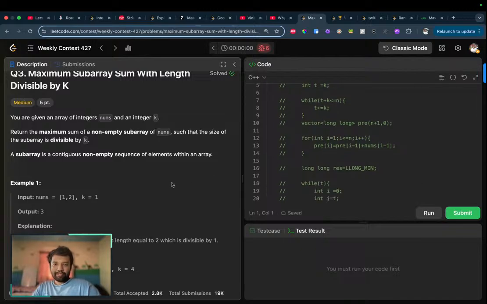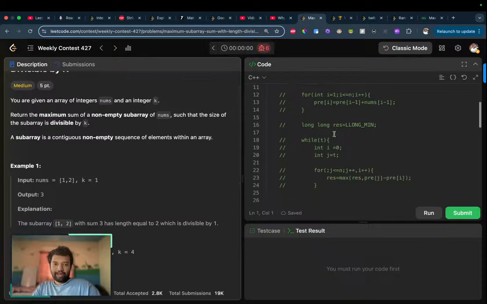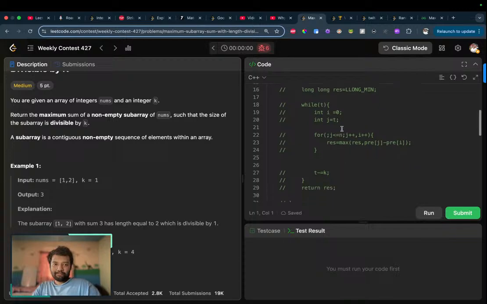I pre-computed the sum for all the points, and then I computed the maximum of the t-sized array while decrementing t by k every time.